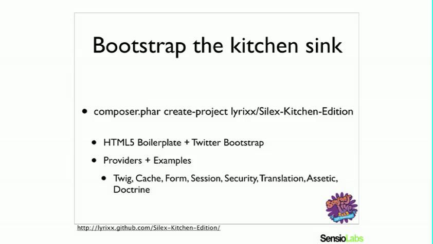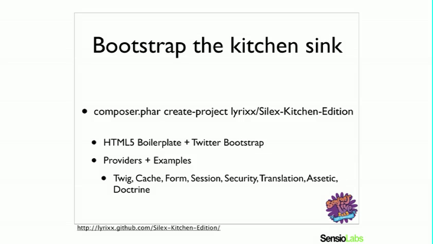Okay, a lot of times I think it makes sense to get started with, there's a lot of boilerplate projects out there now. How many of you use Twitter Bootstrap? How about HTML5 Boilerplate? All right, good people. So even better than the Silex skeleton is the Silex Kitchen Edition, because it does a couple of things. It uses HTML5 Boilerplate for the layout, so it solves that problem right away.